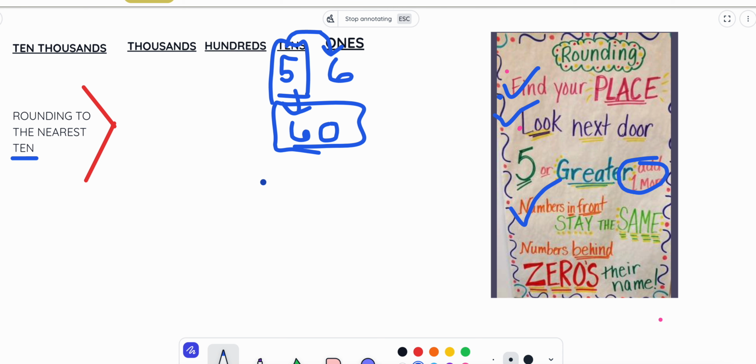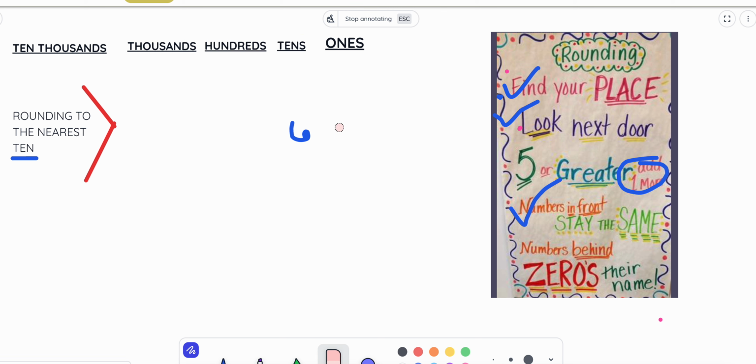Let's do it again for a different number. Let's do orange. Let's do it for 7,964. And we'll still round to the nearest 10, okay?